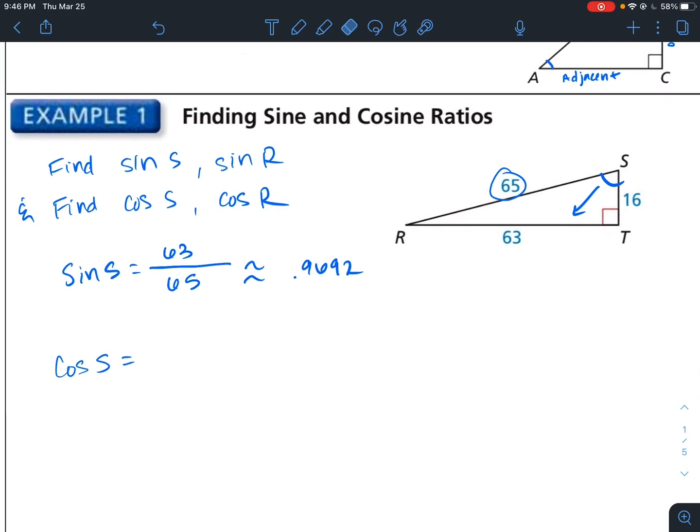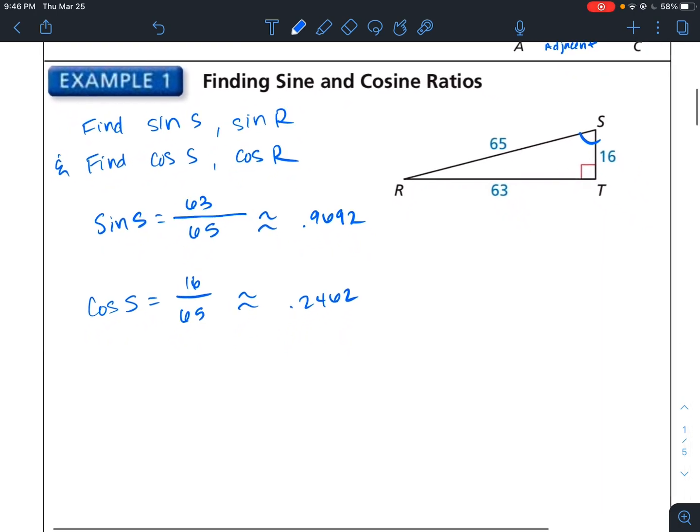Now, cosine of angle S is the adjacent side divided by the hypotenuse. The adjacent side here is 16, and the hypotenuse is still 65. If you punch this into a calculator, you should get something like 0.2462. So that is for angle S.